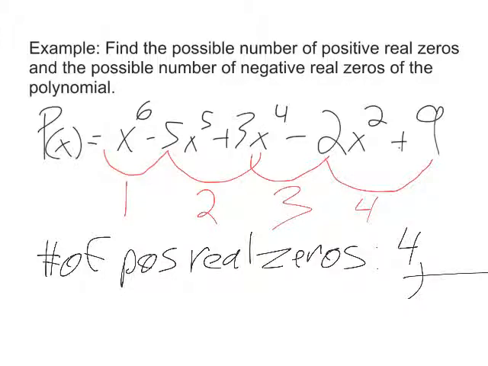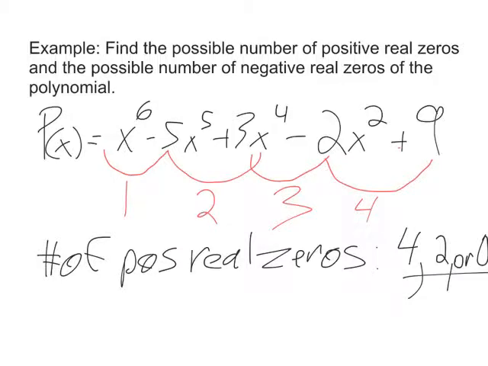So we would have 4, or we may have 2, or we may actually have none. Okay, we may have 0 positive real zeros. It just depends on how many imaginary zeros are included in the zeros list for this particular polynomial.